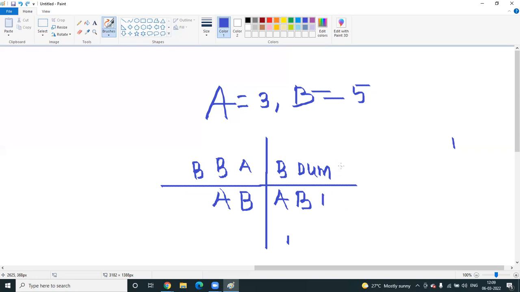For dummy I'm just writing D because some people will get confused. D, this is B, so you need four dummies.